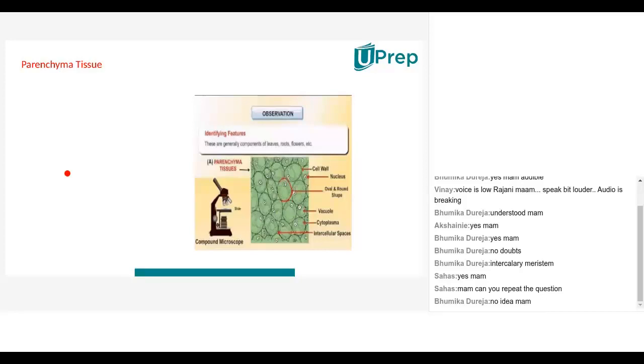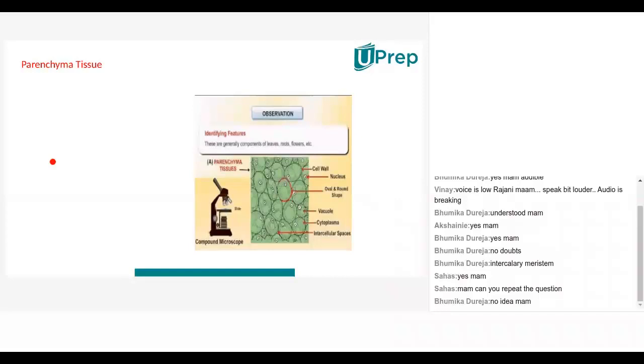Okay, so the aerenchyma you will find in hydrophytes and xerophytes. In hydrophytes, it gives balance to the plants to float on the water, and in xerophytes, it stores water for further use, as xerophytes are the ones which grow in deserts. Okay, these are the applications of parenchyma tissue.